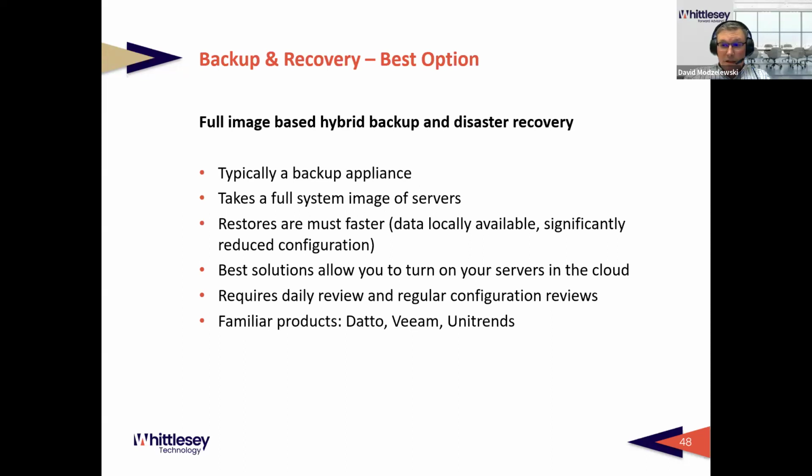The best solutions allow you to turn on your servers in the cloud so you can recover from a full site disaster. Say your site floods out or burns down. You can start your systems in the provider's data center. But again, it requires regular daily review and regular configuration reviews to ensure that it's doing what you think it's supposed to be doing.